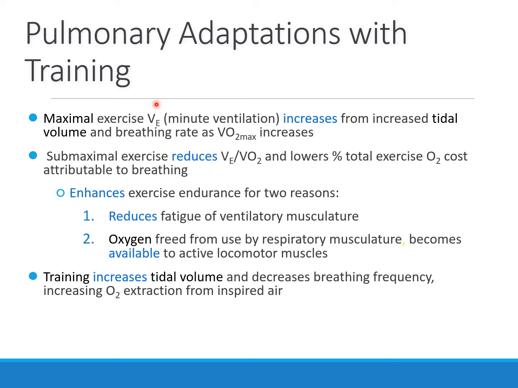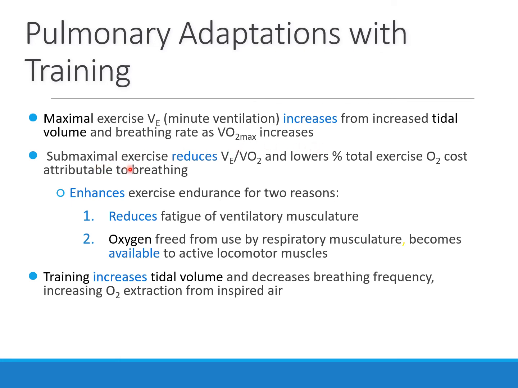Now, with exercise, it makes sense that it's going to be a lot higher, and it's going to increase because our tidal volumes increase because we're breathing in and breathing out a lot harder, and we're also breathing faster when we're exercising. So it makes sense that this minute ventilation is going to be higher as intensity increases.